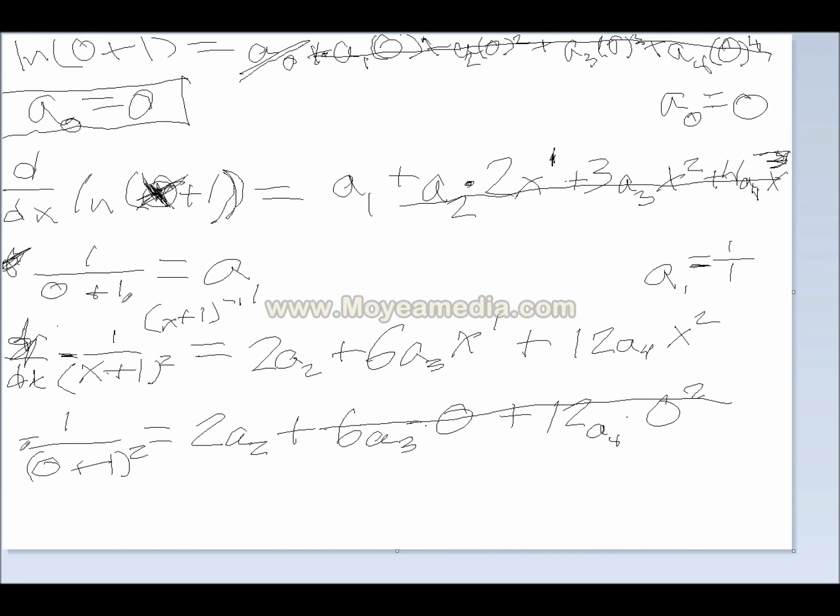All this does. So negative 1 over 1 equals 2 a sub 2. Therefore, a sub 2 equals negative 1/2. That's a big deal. A sub 2 equals negative 1 over 2. Okay, I think it's time for a new sheet of paper.